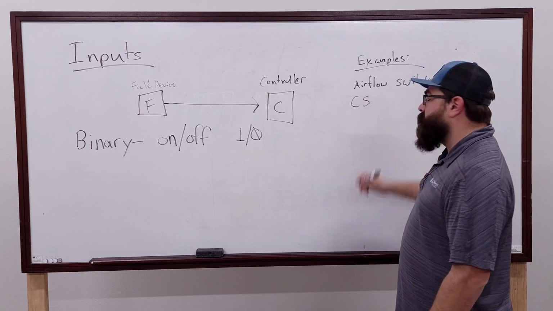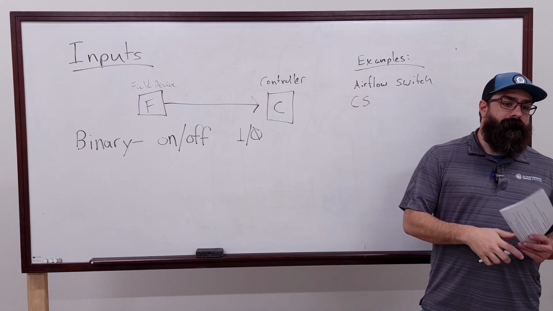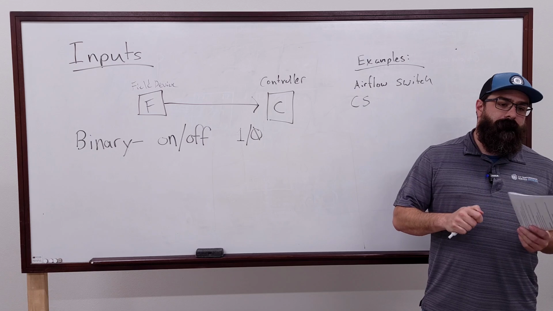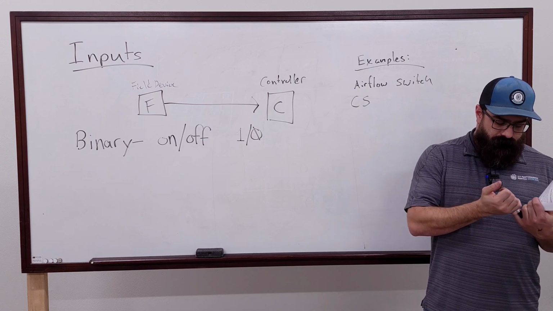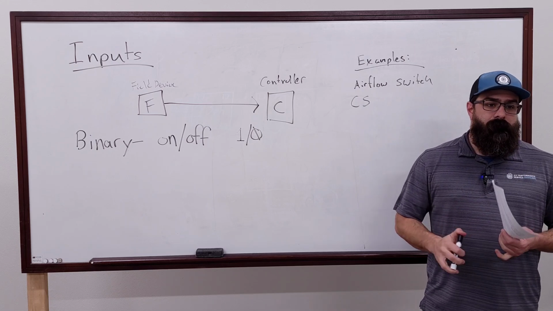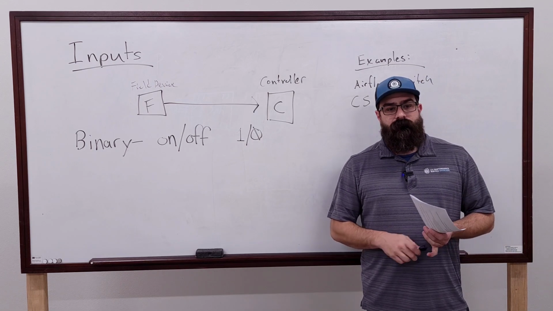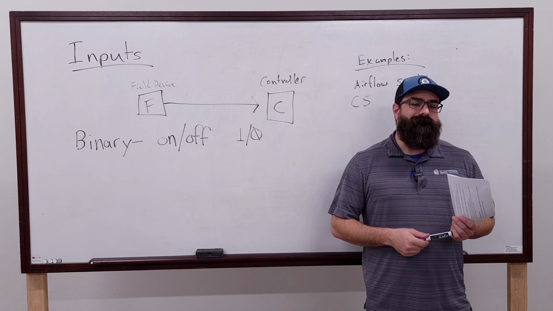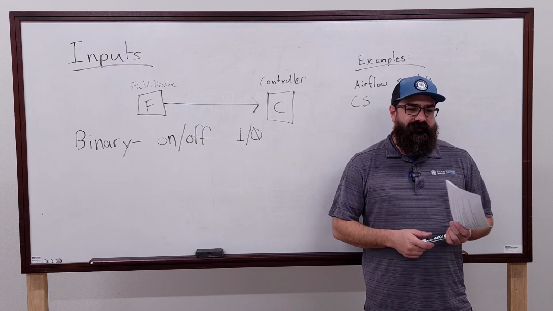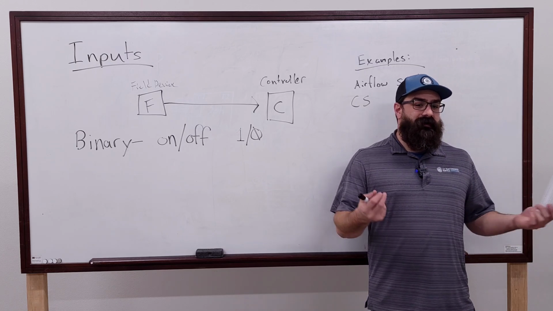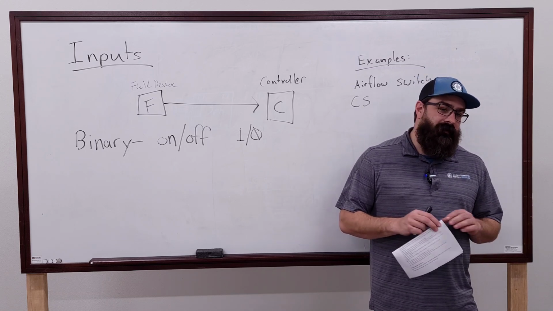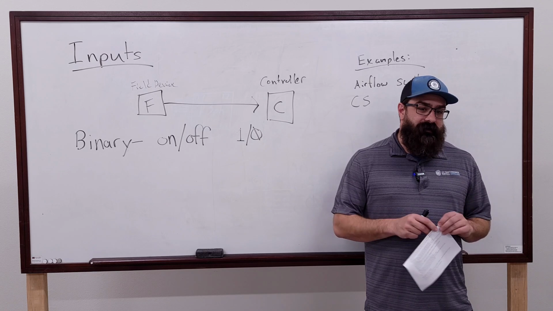But on this, correct me if I'm wrong, even on a schematic, say we went to a box that had a factory CT on it, but it was a binary type. They still represent that as a CT. Yeah, they're all represented as a CT, but it's not really a transducer at that point, right? A transducer is going to put out an analog output. To me, that's what I consider a transducer.